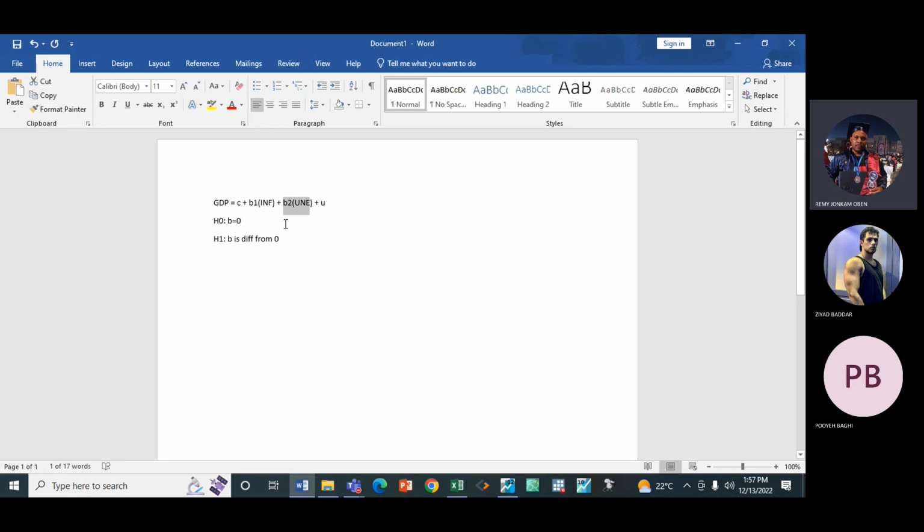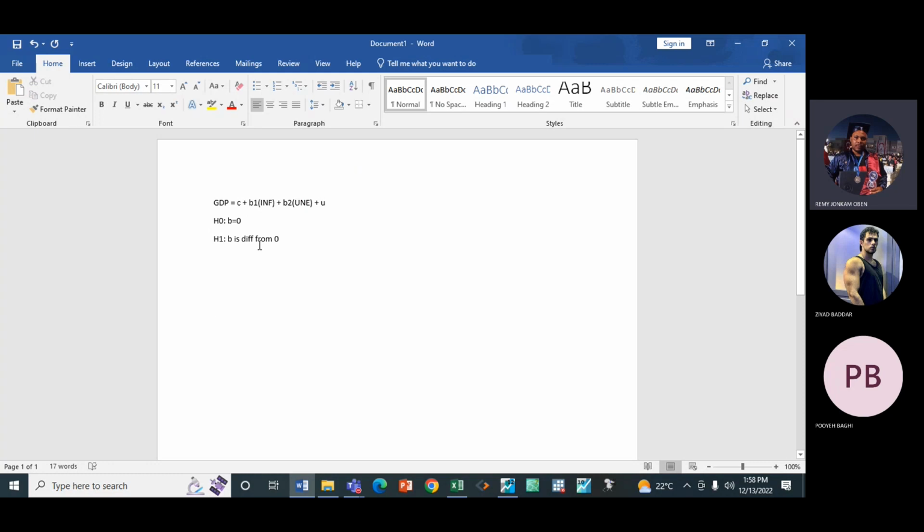So with the t-test, we are testing these coefficients individually. We are testing if this beta 1 is significant, and after that, we'll test if this beta 2 is significant. So we'll test them one after the other. That's the t-test, and of course, with the t-test we use a t-statistic.